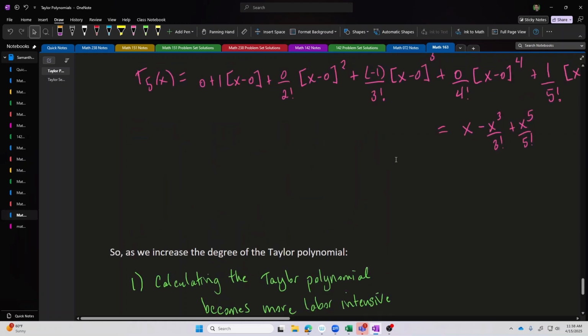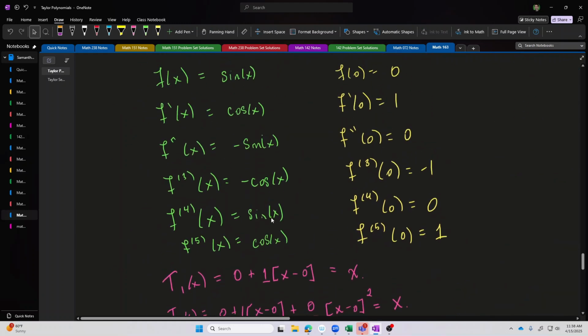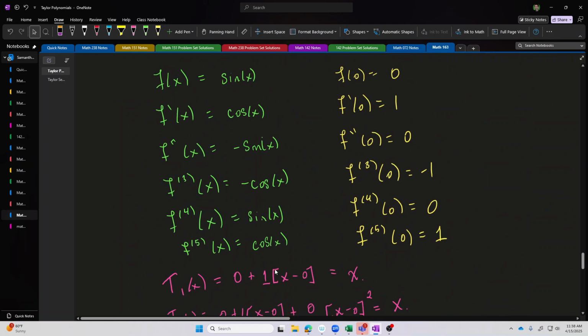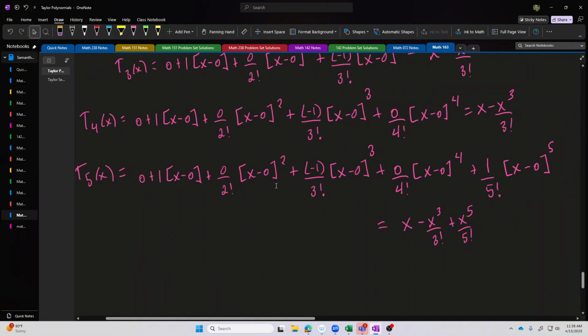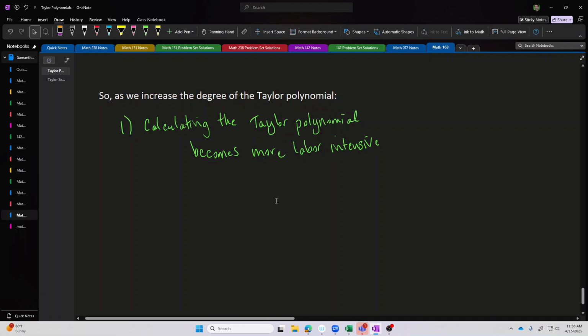The higher the degree of the Taylor polynomial, the more derivatives we had to calculate, and the more complicated the formula that we needed to fill in and then simplify. However, as you increase the degree of the Taylor polynomial, what we also saw from the graph is that the higher the degree, as we moved from first degree to third degree to fifth degree, the Taylor polynomial became a more accurate approximation of the original function.